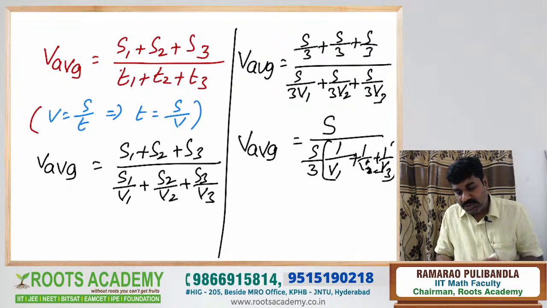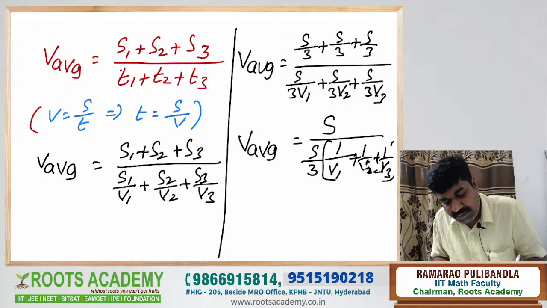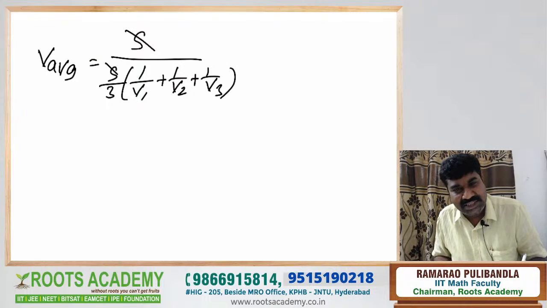V average is S by 3 plus S by 3 plus S by 3, that is S, divided by S by 3 times 1 by V1 plus 1 by V2 plus 1 by V3. Here S and S cancel, so V average is 1 by 3 into what?